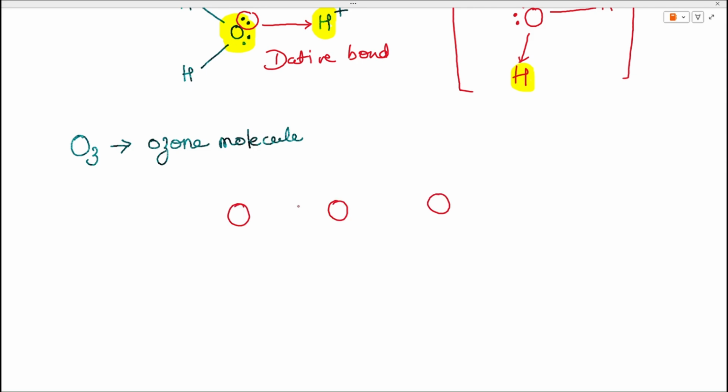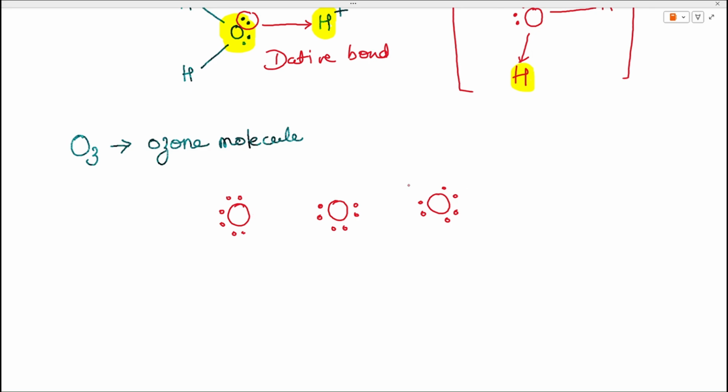Each oxygen has got 6 valence electrons. So I'm going to draw 6 valence electrons around each atom. So this one has 6. This one also has 6. And the same with this one.